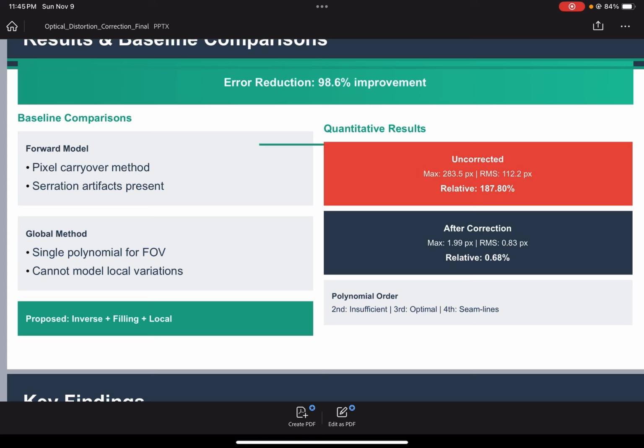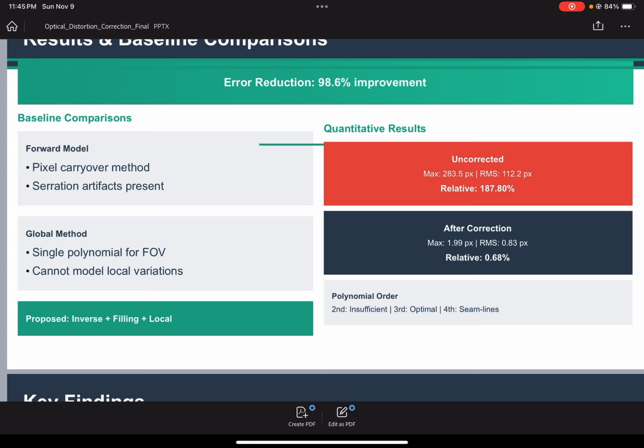Looking at the quantitative results, before correction, the maximum error was 283.5 pixels with an RMS error of 112.2 pixels, giving a relative error of 187.8%.